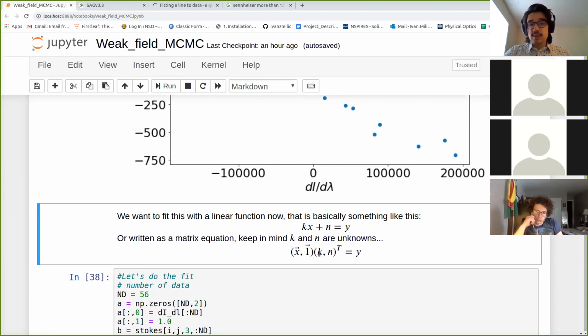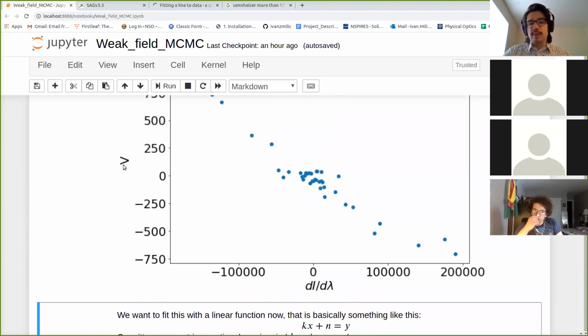That matrix multiplies a vector with only two unknown components, k and n, and that is equal to y, which is a known quantity, basically my Stokes V.